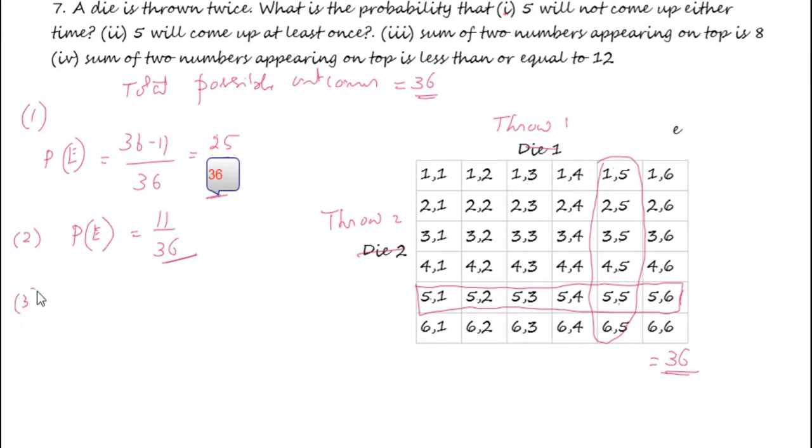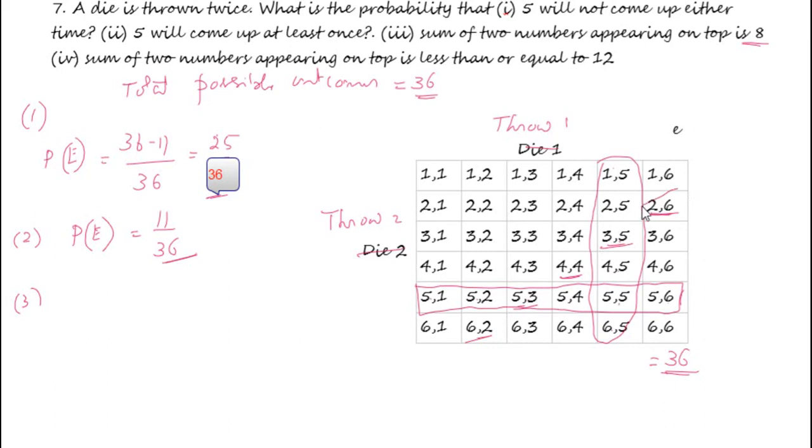Third one. It says sum of two numbers appearing on the top is 8. 1 plus 1, 2. So from where it starts? Yeah, here. 2, 6, that is 8. Same way 3, 5 is 8, 4, 4 is 8, 5, 3 is 8, 6, 2 is 8.